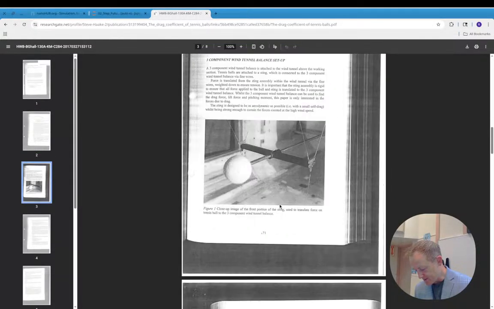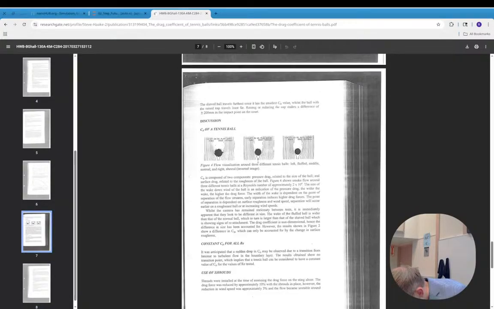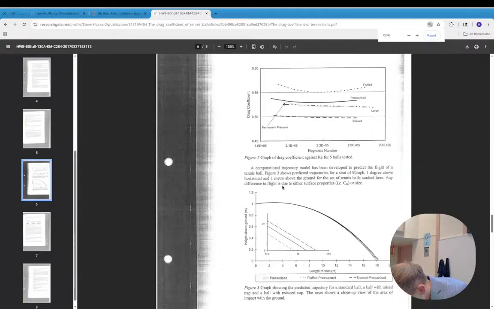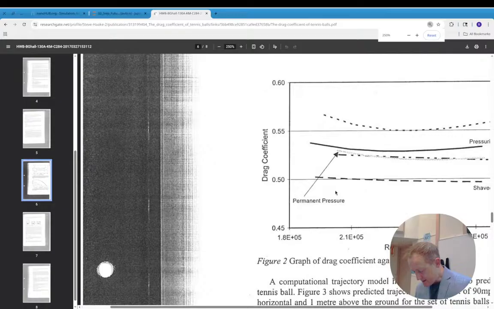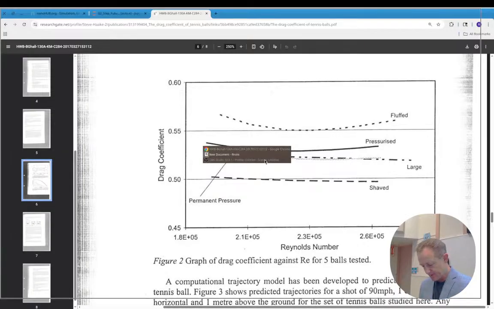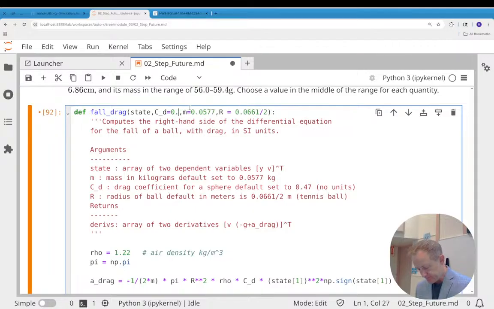This is way too much information. Let's see, what did it come up with? This one says 0.5, depending on the Reynolds number. Let's call it 0.51.